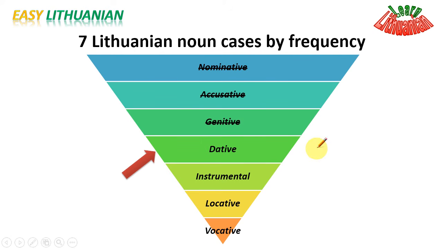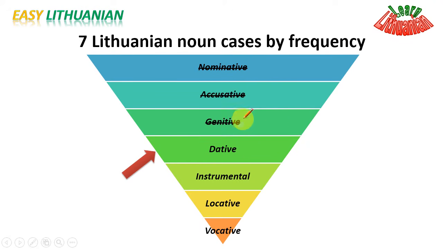However, as I always recommend, I assume you have watched my other videos, since it's better to at first watch the accusative and genitive videos and only then go to these noun cases.